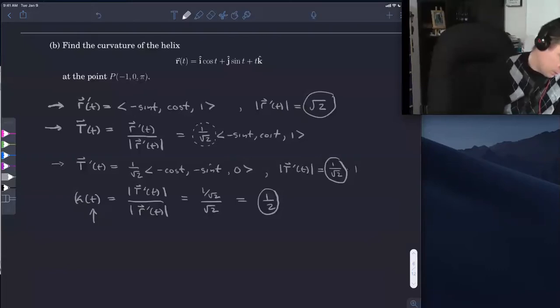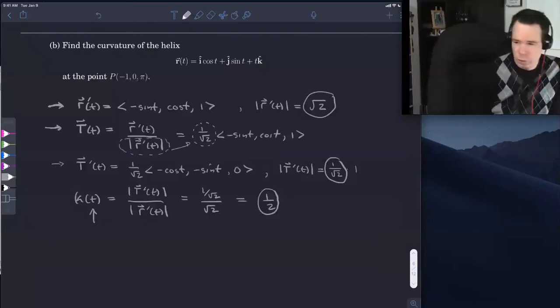Now, because the magnitude, this thing on the bottom, which ends up being 1 over root 2, is a constant, it's not such a problem in this example, because when I differentiate, I just put that constant out front. But in other examples, the magnitude of r prime of t might not be a constant root 2. It might be some other function of t.